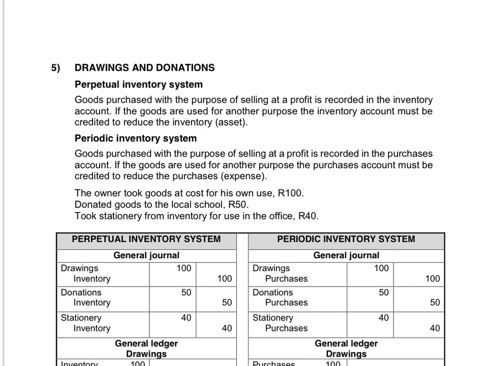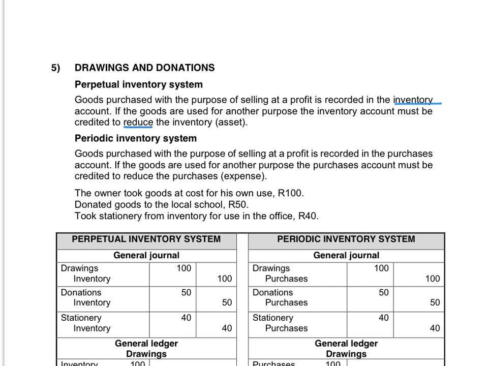Drawings and donations. In the perpetual inventory system, goods are purchased with the purpose of selling at a profit, and when you buy goods to sell, you will record it in the inventory account. If the goods are used for any other purpose, then you have to reduce the inventory account because then the goods that you take out will not be sold at a profit.